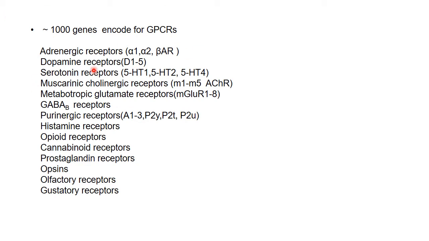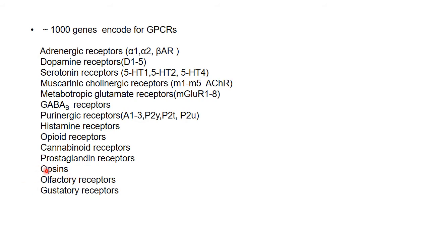There are many genes that code for G protein coupled receptors. If you remember from the previous lecture, it's going to be your adrenergic receptors, all of your dopamine receptors, most of your serotonin receptors, your muscarinic cholinergic receptors, and metabotropic glutamate receptors, GABA B receptors, purinergic, opioid, cannabinoid, and very importantly, these are the receptors through which you're going to be detecting light.